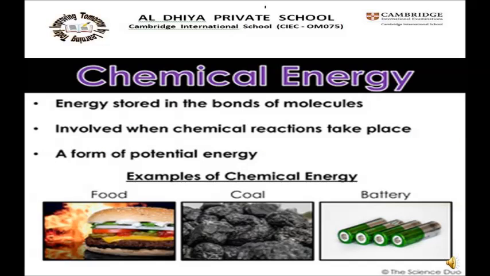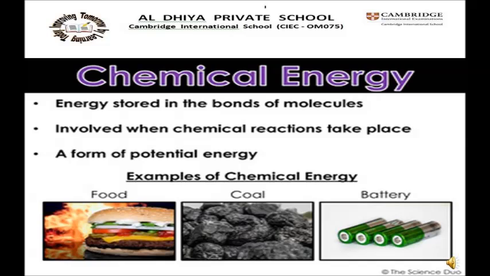Chemical energy. Chemical energy is caused by chemical reactions. Why? Chemicals are made from atoms, and these atoms are joined together to form molecules. So the chemical energy is stored in the links between the atoms. For example, food, coal or a battery. Food means glucose or carbohydrates.